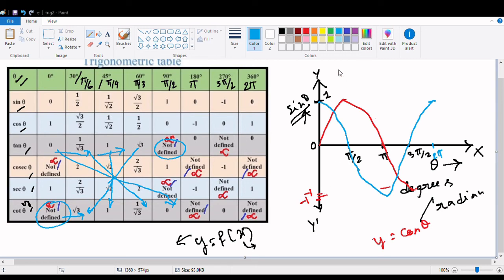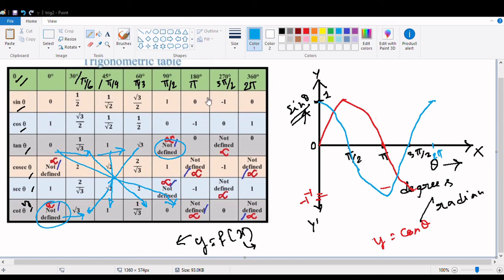So it starts at infinity, and it achieves the value 1 where? At pi by 4, that is 45 degrees. So at pi by 4, the tan graph and cot graph intersect with each other. Then again, cot 90 means what? 0. So it comes here. The blue one is the cot x curve, and the orange one is the tan x curve.